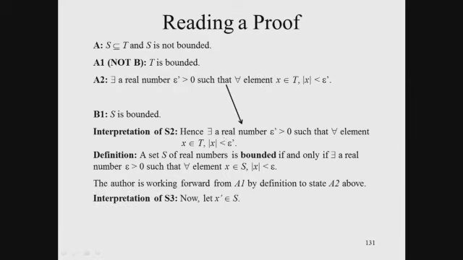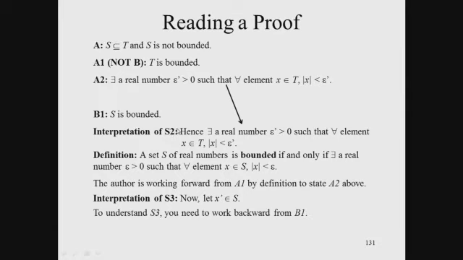Now the author says, let x prime be an element of S. In order to understand where this statement came from, you're going to have to work backward from B1. So can somebody ask a key question here? How can I show that S is bounded?